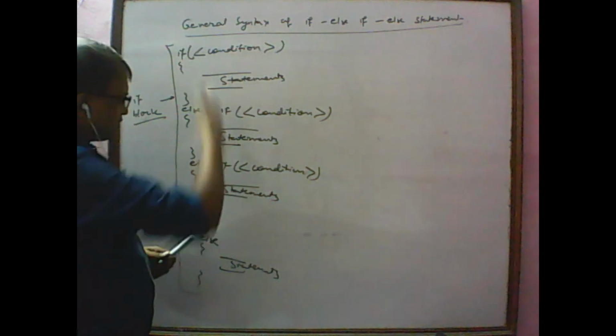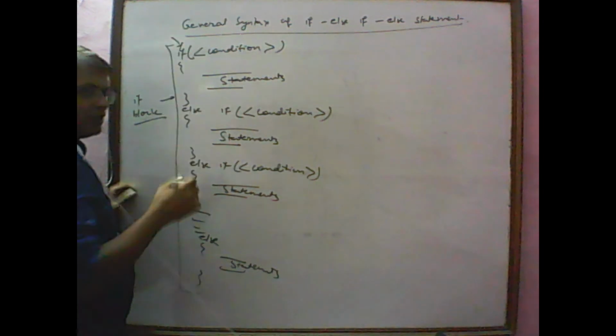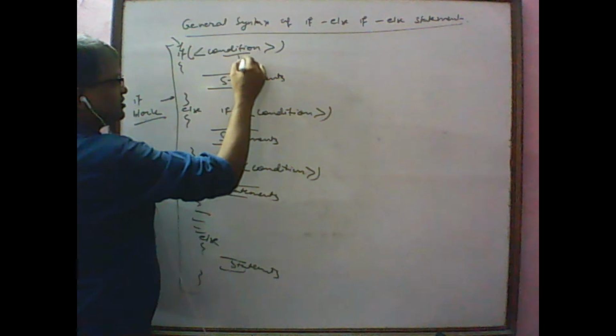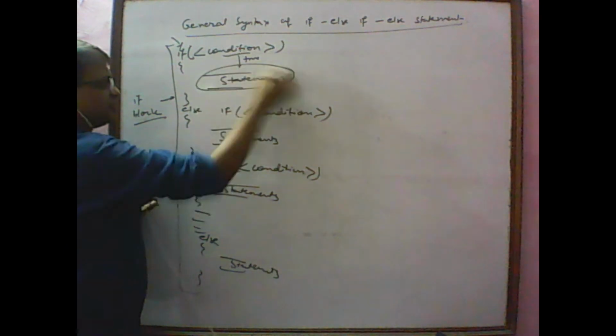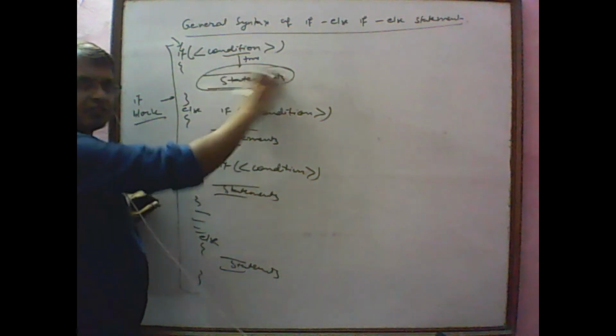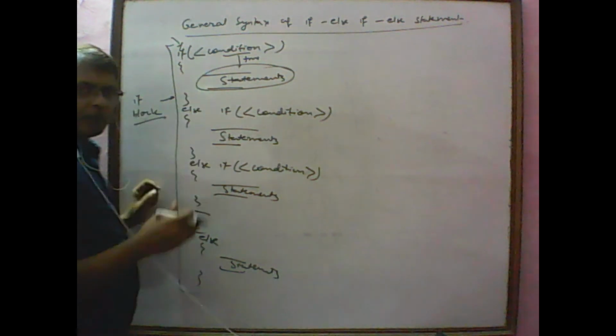What is the basic concept behind its execution? First of all, as the control comes to the if statement, the condition will be checked. If the condition is true, the control will enter inside the if and all the statements written within it will execute. After execution of all the statements inside it, the control will come outside the if block.